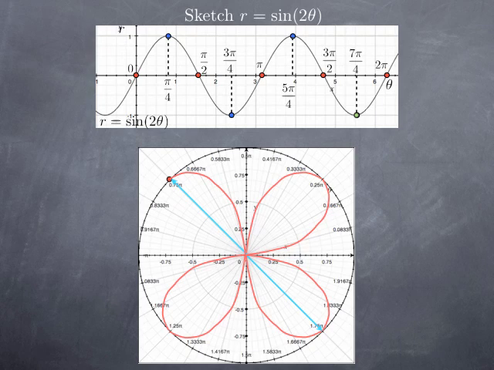And again, if I continue to turn towards 2 pi, then on the opposite side the red point is going to go back towards the pole, completing the curve this way.